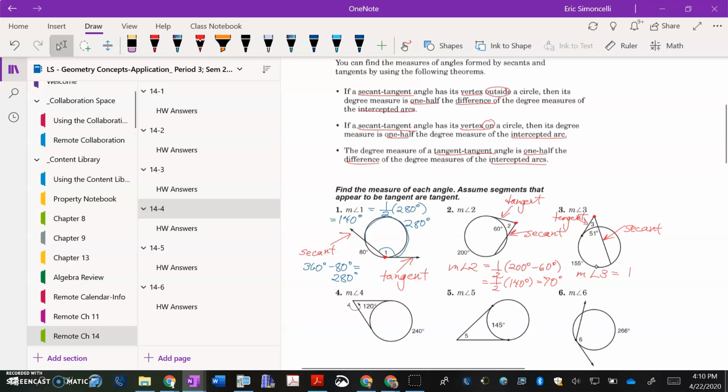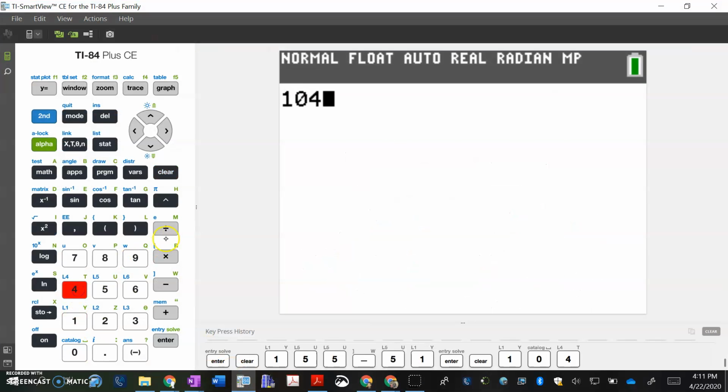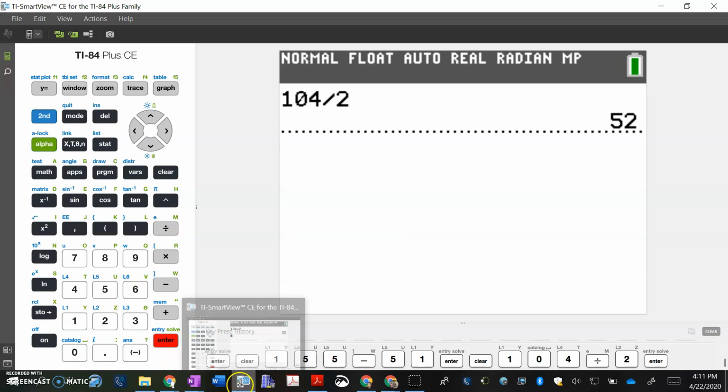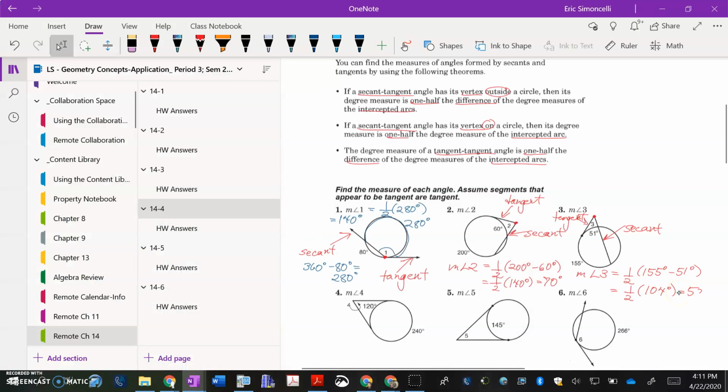The measure of angle 3 is equal to 1/2 the difference of 155 and 51 degrees. In other words, we'll have half of 104, which, if we simply divide by 2, 4 divided by 2, of course, ends up being 52 degrees. So that is the measure of angle 3.